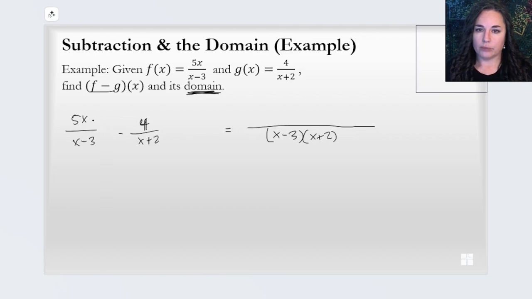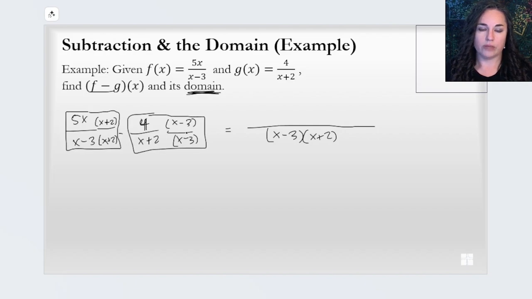There's still a minus here, but I wanted to leave space in order to say I need to multiply the first term by x plus 2 over x plus 2, right? A factor of 1. That's a factor of 1 overall in order to get this common denominator, and I need to multiply the second by x minus 3 over x minus 3 in order to get that common denominator for both of those terms. So this will have that same denominator as that final term that we're looking for.